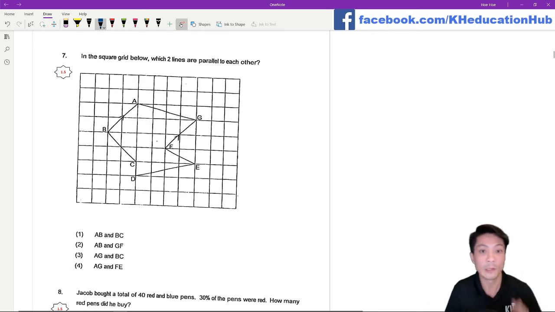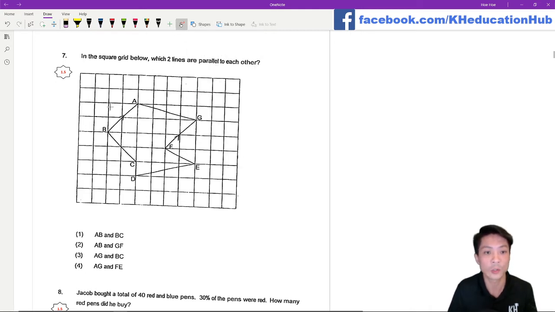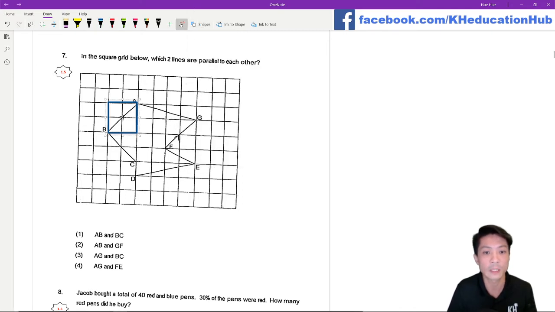In the square grid below, which 2 lines are parallel to each other? If you want to find out which 2 lines are parallel to each other, I think there are 2 which are pretty obvious, which are AB and GF. What you can do is make use of the square grid. Let's try to draw a square shape side here, and draw another square shape side over here.